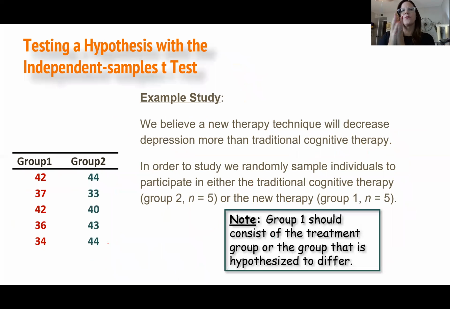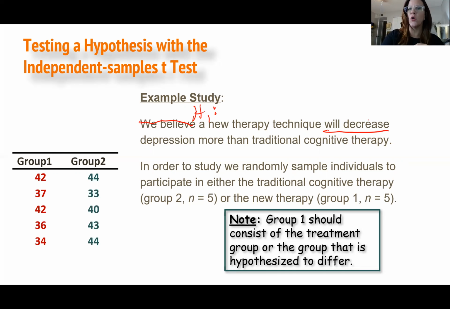So here's an example of an independent samples t-test. Basically a researcher believes a new therapy technique will decrease depression more than traditional cognitive therapy. Basically right there is your alternative hypothesis. You can plug this in as H1: a new therapy technique will decrease depression more than traditional cognitive therapy.